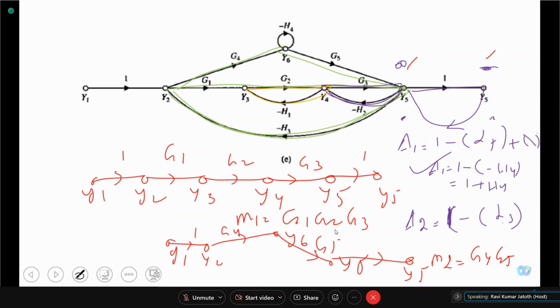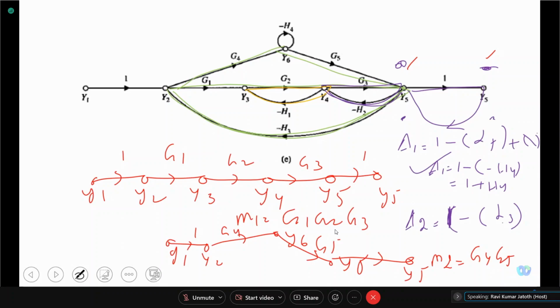Now, M1 delta 1 plus M2 delta 2 by delta. Is the delta the same here or will it vary? Delta will be the same only, because there is the same number of loops, no? Correct.